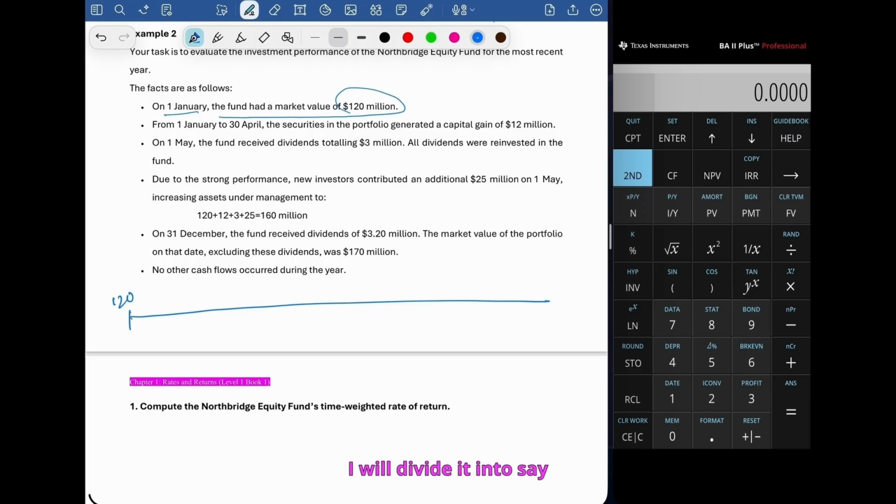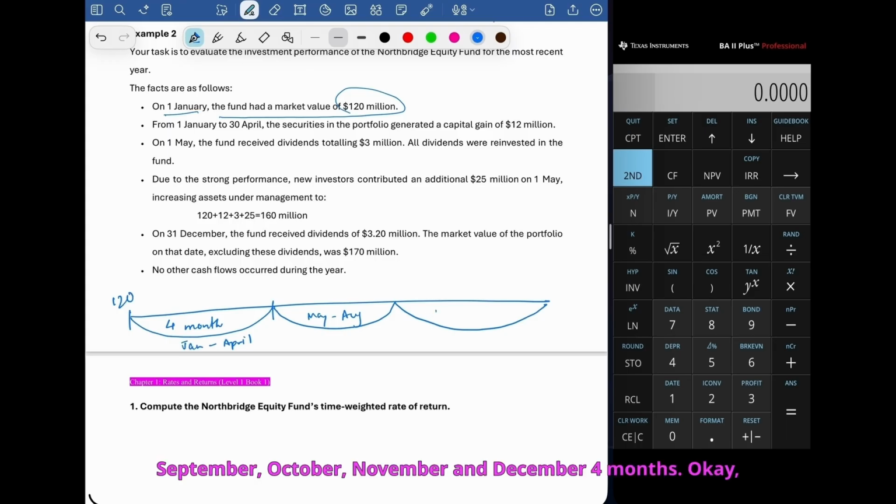I will divide the year into 4 months, then another 4 months, May, June, July, August, then another 4 months, September, October, November, and December. That's just divided like this.